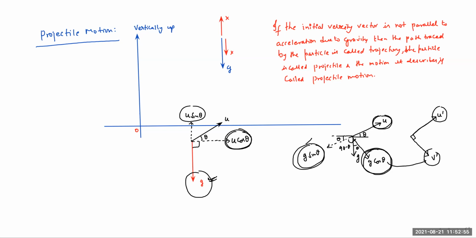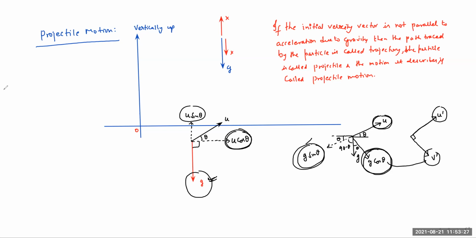Now v dash is developed due to this acceleration, and this is changed due to this acceleration. When you do something in mutually perpendicular directions, every pair of mutually perpendicular events are also independent events, which means one event cannot affect the other. So the events we can deal with independently using one dimension motion. That is the beauty of one dimension.